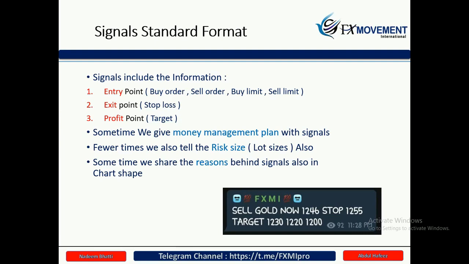Second is the exit point, the stop loss point, and third is the profit point, that is the target. Most of the time we give one target, but fewer times we also give target 1 and target 2 as well. Sometimes we give a money management plan with signals also.